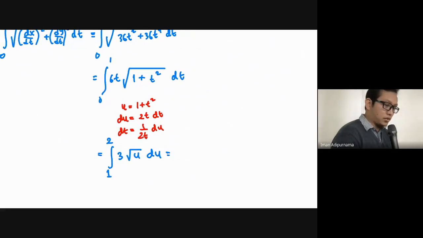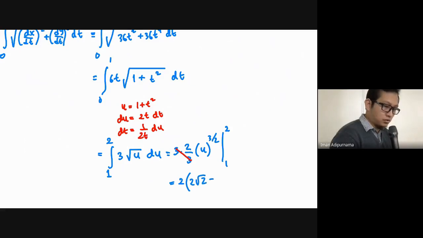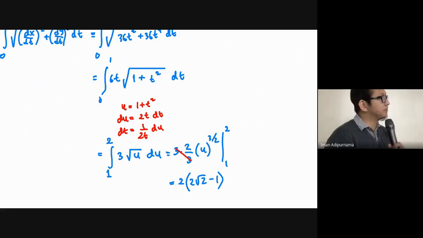Or we can solve this, 3, wait, wrong. So 2 square root of 2 minus 1.